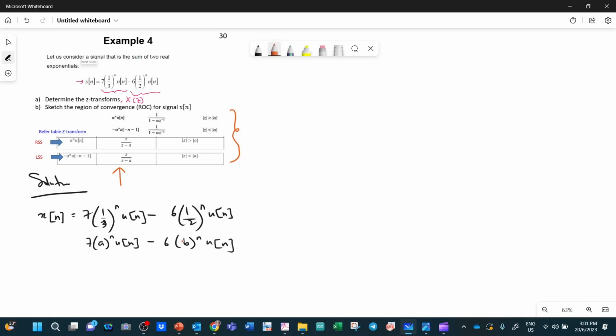You can see that this is actually a right-sided sequence. So a to the power of n u[n] is a right-sided sequence, and when you have a right-sided sequence, we directly know that the ROC is z is more than a. Okay, so let's continue here.